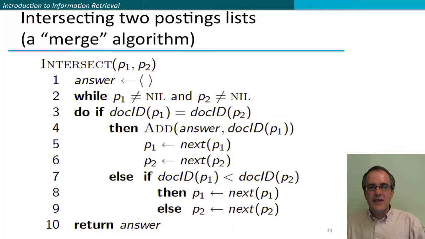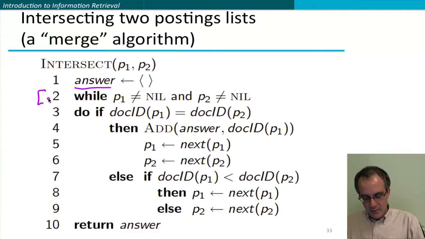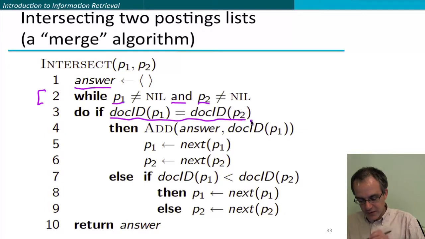Okay, here's the postings list intersection algorithm one more time as a real algorithm, but hopefully you can see it's doing exactly the same as what I was doing by hand. So we start here with the answer set as empty, and then we're going to be doing this while loop while the postings lists are both not equal to nil, because as soon as one's nil, we can stop. So that's the AND operation. At each step, we ask whether the document ID of the two pointers is the same.